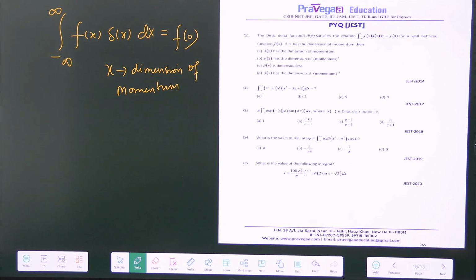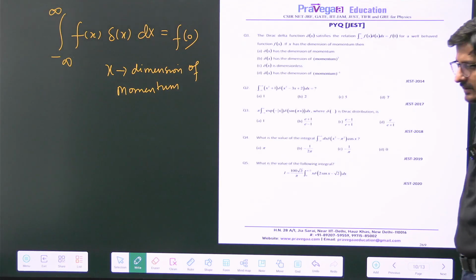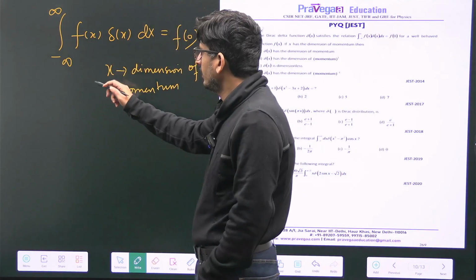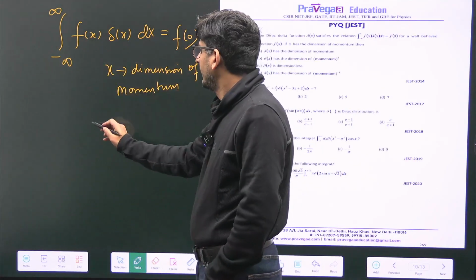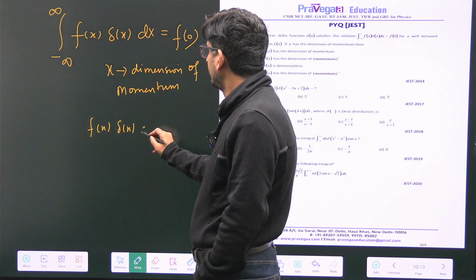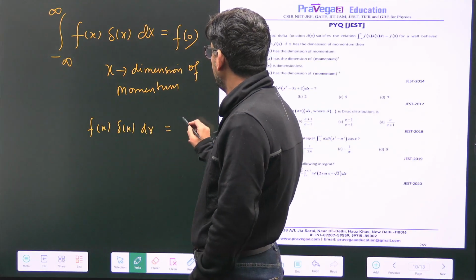Okay. Now, what is the dimension of delta x? डेल्टा x का डायमेंशन क्या होगा? तो डायमेंशनली देखो तो ये इक्वेशन कैसी है? Integral f(x) delta x dx is equal to f(0).